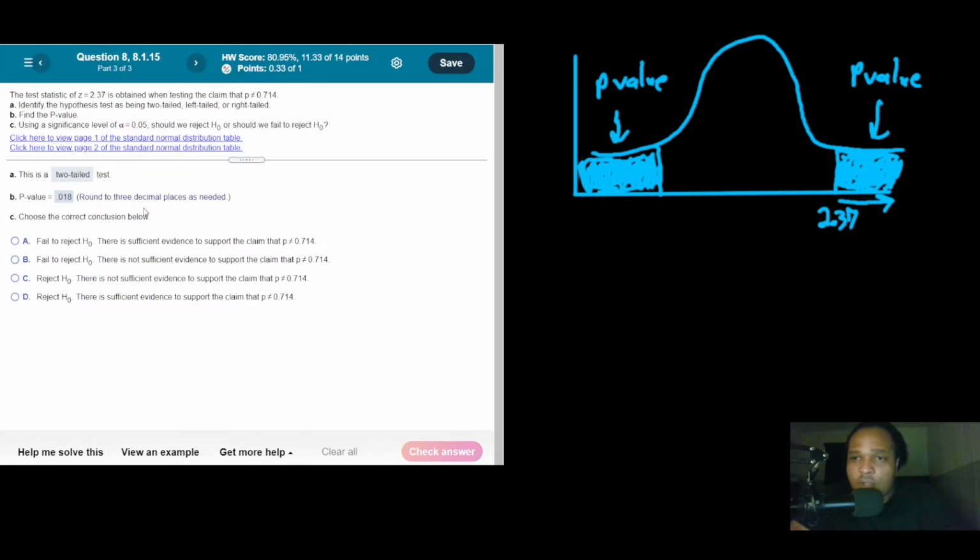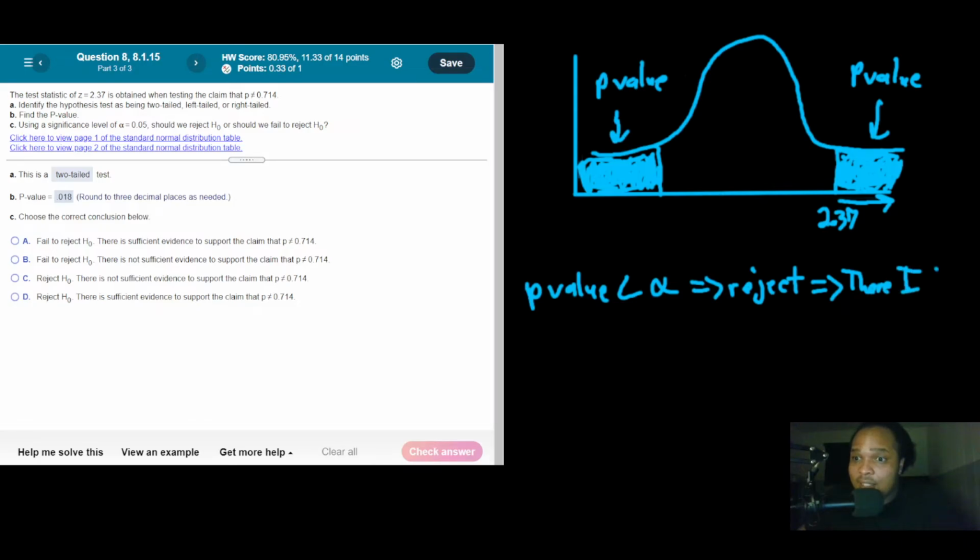Okay, now what can we conclude? Remember, we're going to test this p-value against the significance level. When a p-value is less than your sig level, you're going to reject. When you reject, there is enough evidence to support the claim.